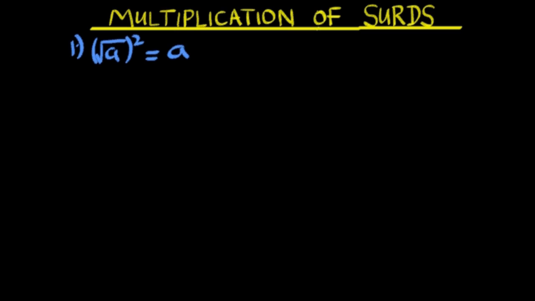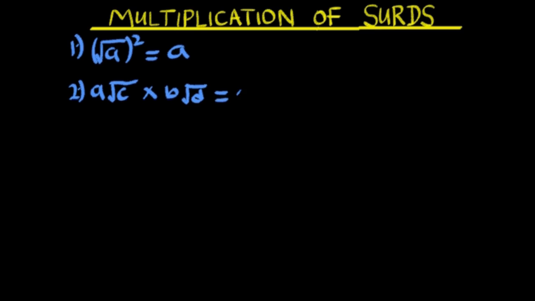This is so because the square cancels out the square root, right? Also, if you're given a root c multiplied by b root d, what happens here is that in all cases what you do is multiply the numbers in front of the roots.